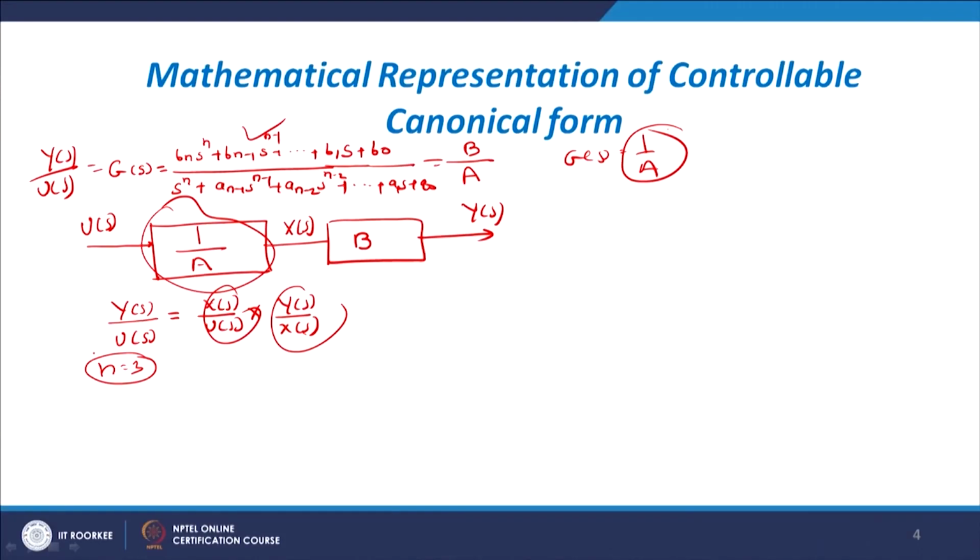Therefore, this transfer function we can write down as G(s) equal to Y(s)/U(s). Now, here n is 3, so we will write b3 s cube.